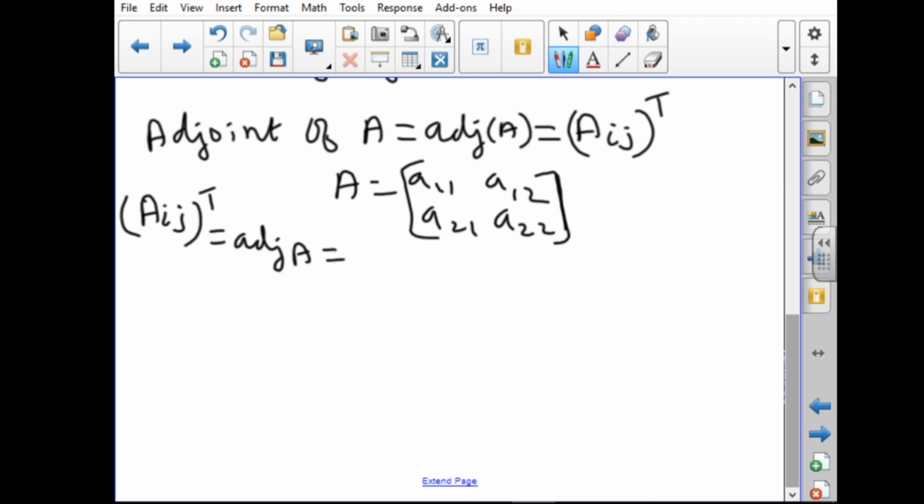For a 2 by 2 matrix, you just interchange the first diagonal elements, so it becomes A22, A11, and change the sign of the other diagonal elements, so it gives you minus A12 and minus A21. This is a simple way of finding it.